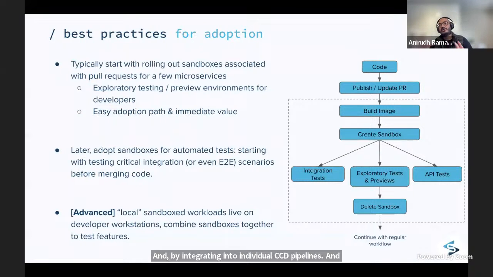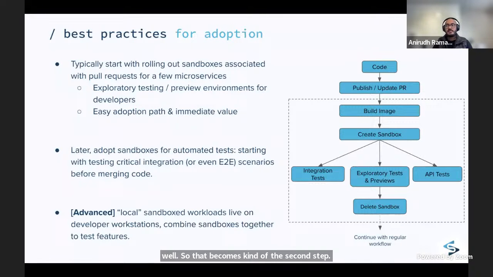Then later on, as OpenTelemetry propagation and the routing setup become standardized across the organization, the ability to run more complex flows opens up. So you can have E2E and integration flows running as well. That becomes the second step. And then there are advanced things that people do.